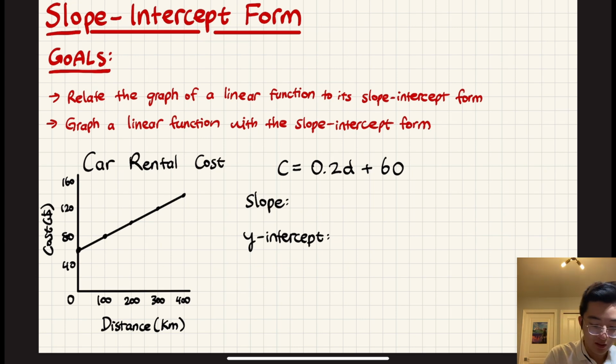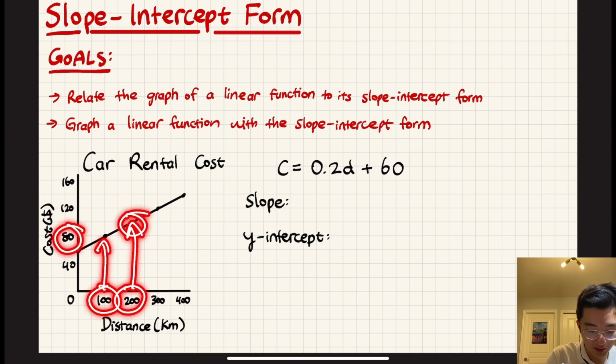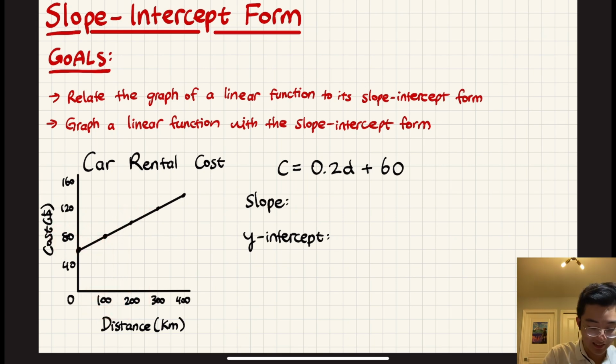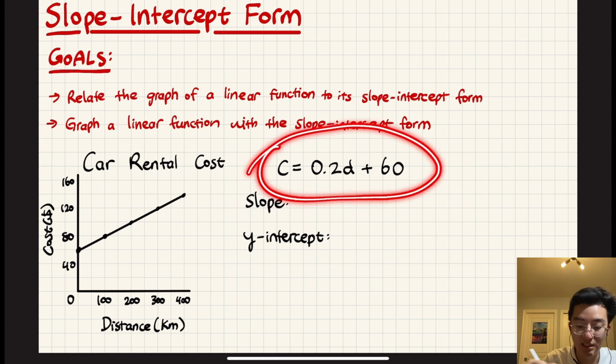If we start at 0 kilometers, we have to pay $60, which means that to rent this car before we even drive it, we have to pay a $60 upfront fee. After 100 kilometers, we get to $80. 200, we get to, what is that? That's 100. We can see that this is a linear relation because it is a completely straight line, and we also found that the formula for this relation is this right here.